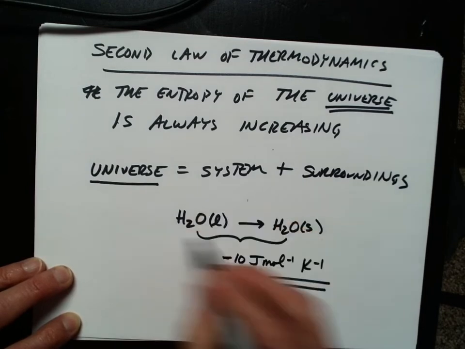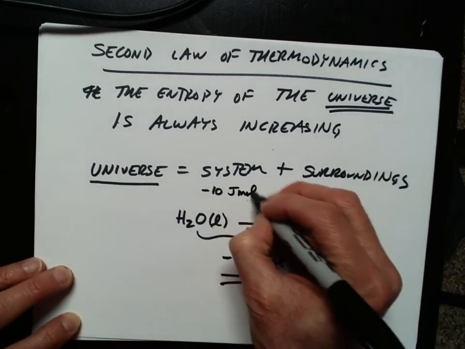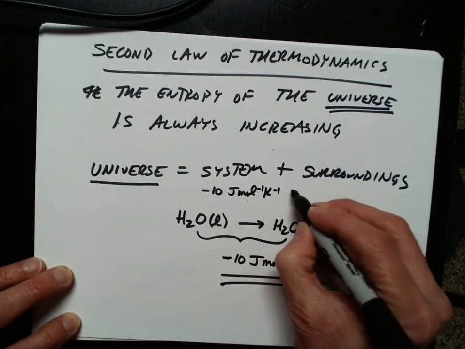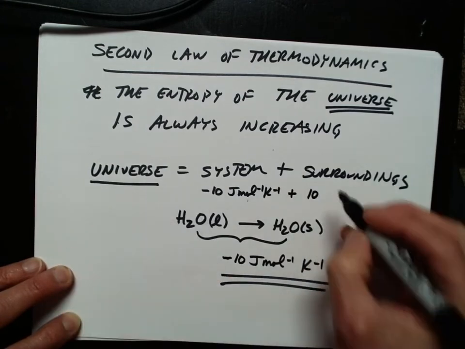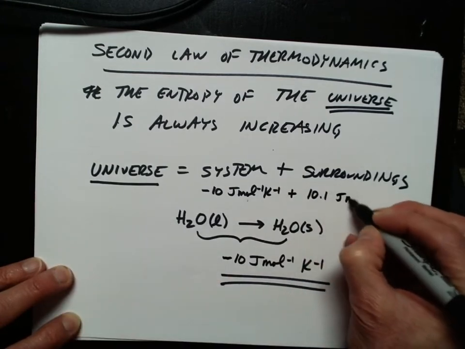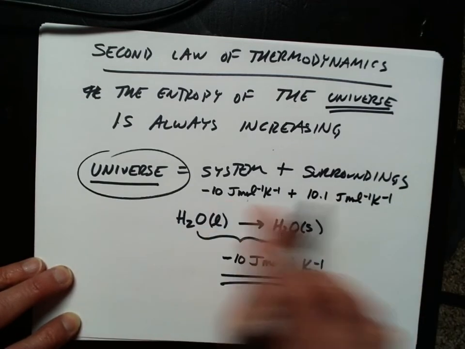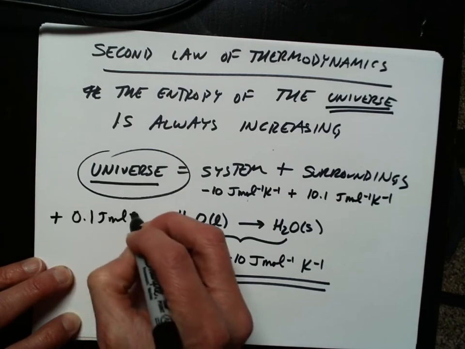What that tells me then is if the system drops 10 joules per mole Kelvin, then the surroundings are going to have to at least gain 10 joules per mole Kelvin, and it's going to be a little more than that, so we'll just make it 10.1. So in this case, the universe would have a total change of 0.1 positive joules per mole Kelvin.